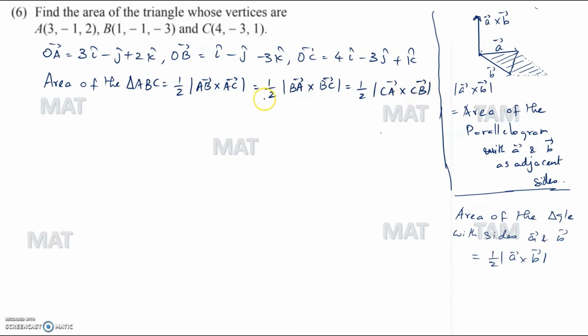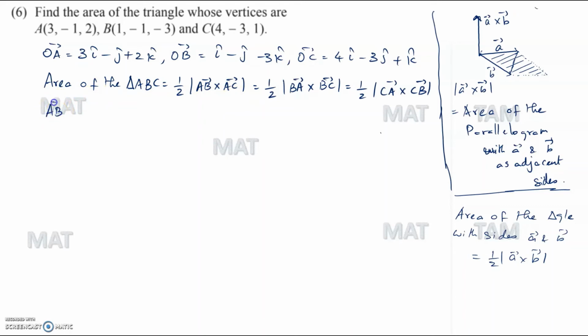Any two sides can be taken, and if you find the cross product or the vector product and find the magnitude and take half of it, then you will find the area of the triangle. So let's do AB cross product with AC and get the area of the triangle.